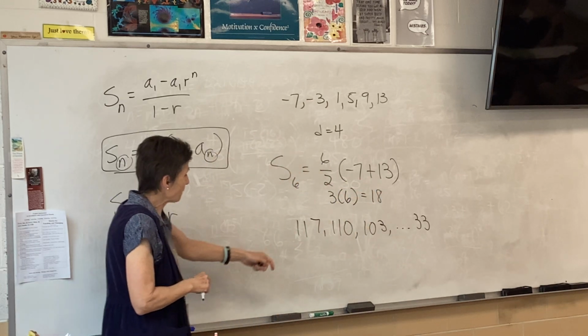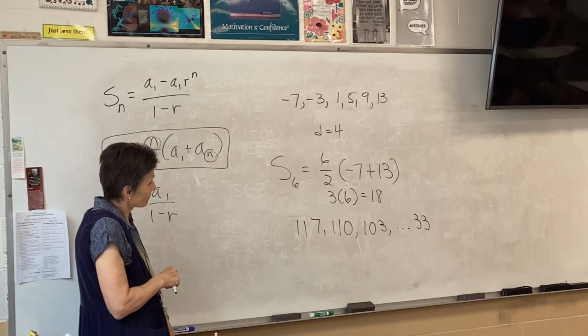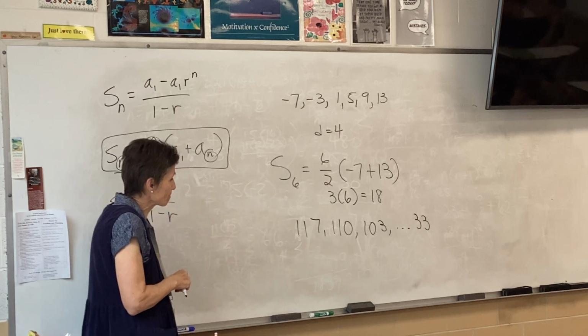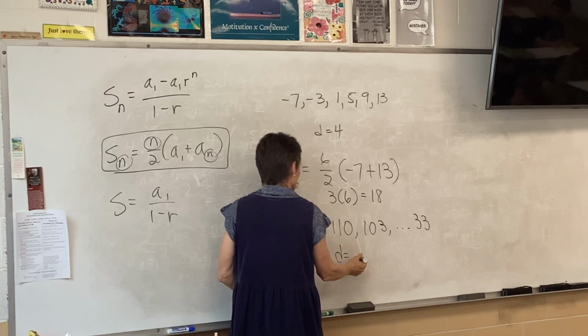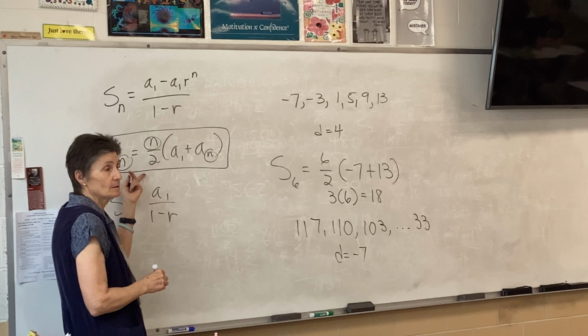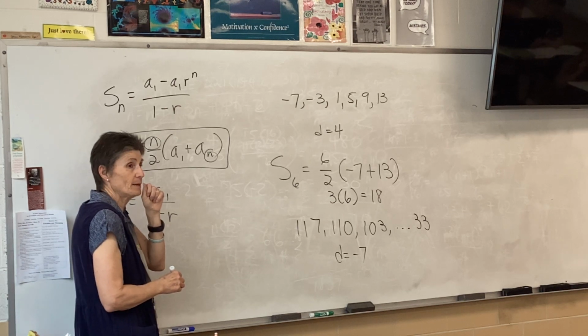All right, now, what's happening here? Arithmetic or geometric? Arithmetic, and the common difference is -7. So I'm going to use the same formula. Uh-oh. There's a bit of a problem.